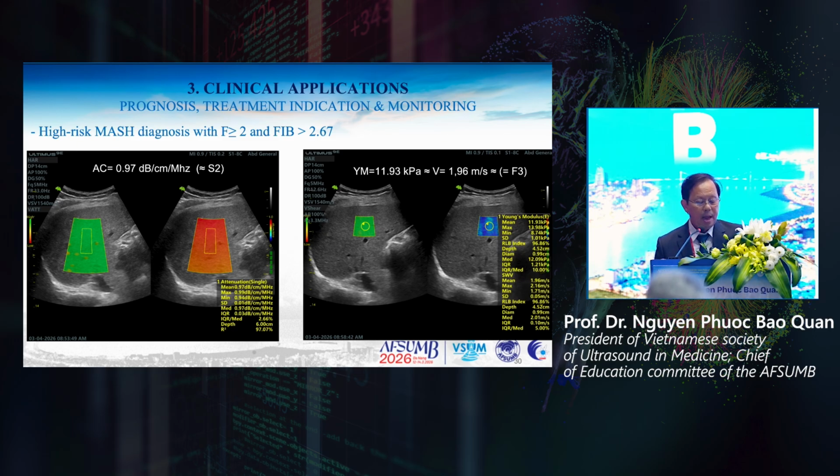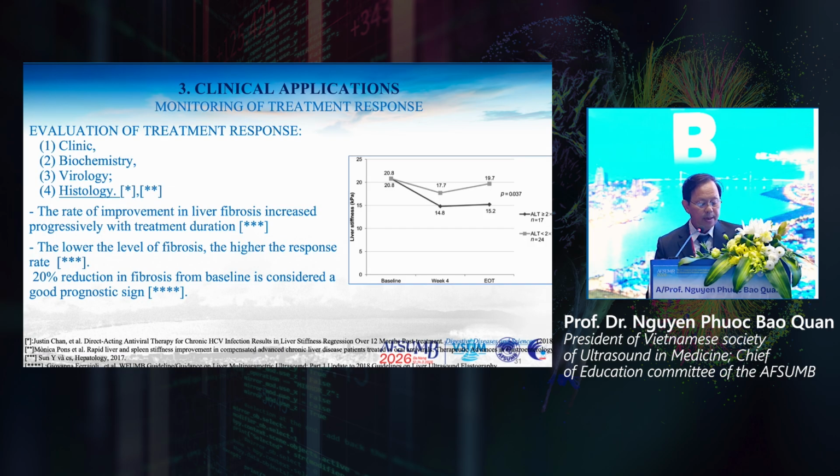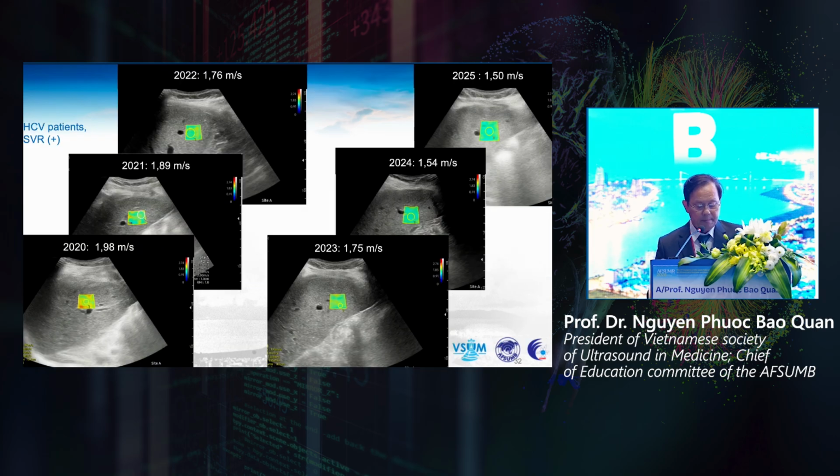So this patient needs treatment by medicament, after diet, with diet and exercise for the patient. And we can use multiparametric ultrasound to follow up the response of the patient when we treat the patient.